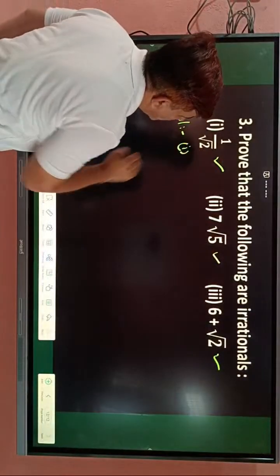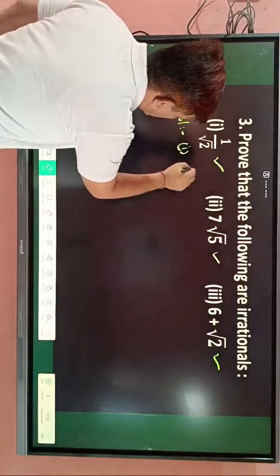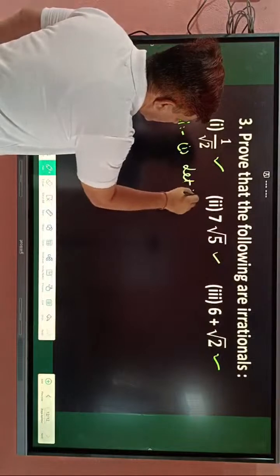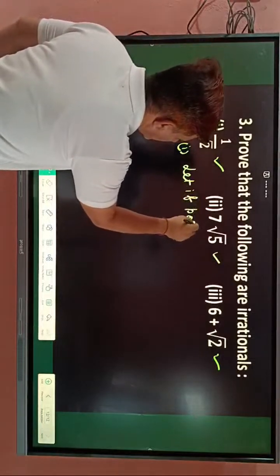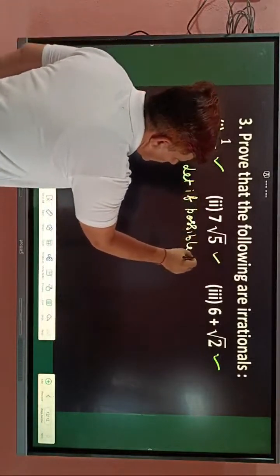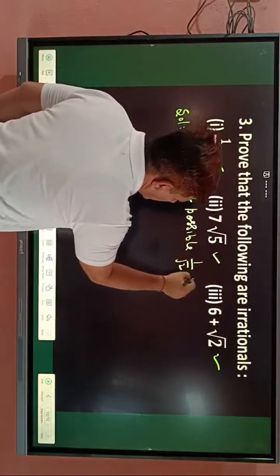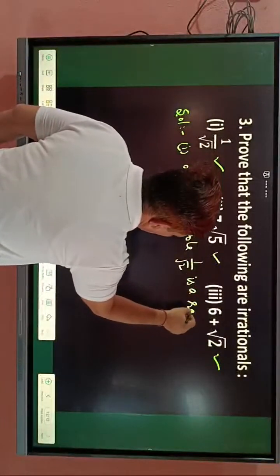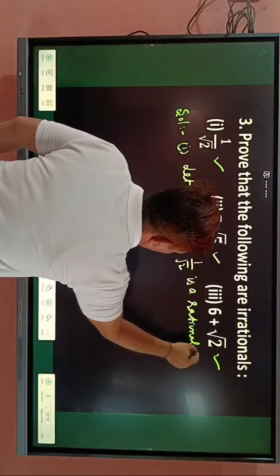You have to prove 1 by n root 2 is an irrational number. You can say, let, if possible, 1 by n root 2 is a rational number.